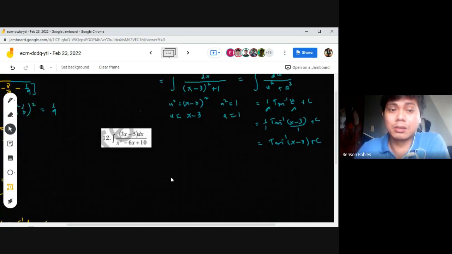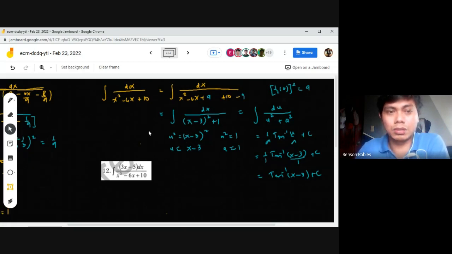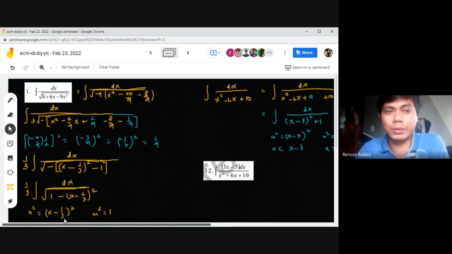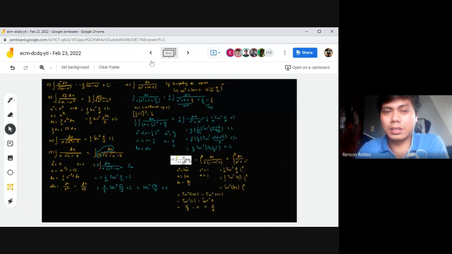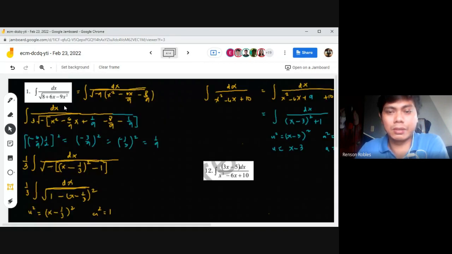This one is different, it has no group among my previous examples. So this dx over x squared minus 6x plus 10 is of the same kind as this example, number 17. It is similar. But number 12 has no similar example, it has no group.